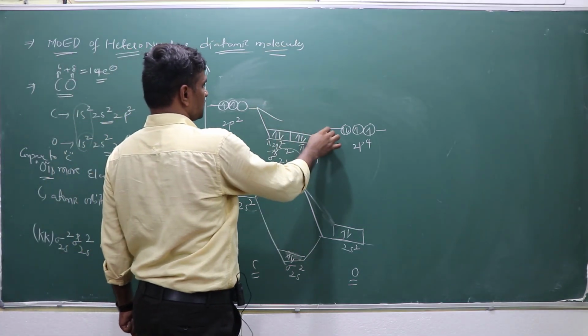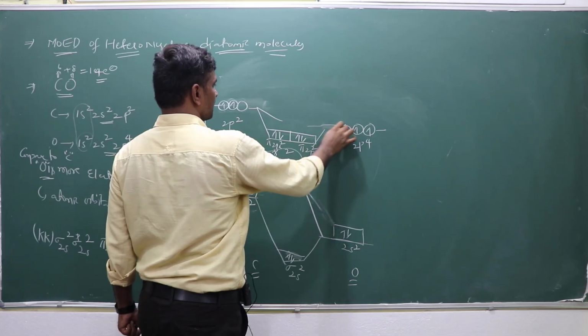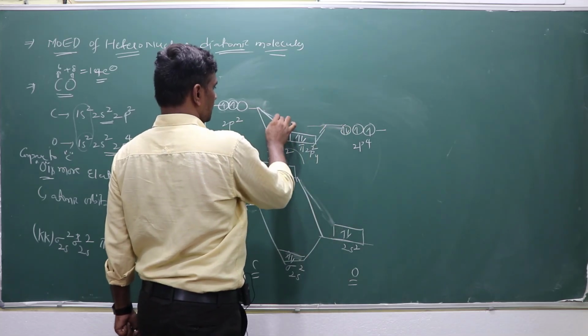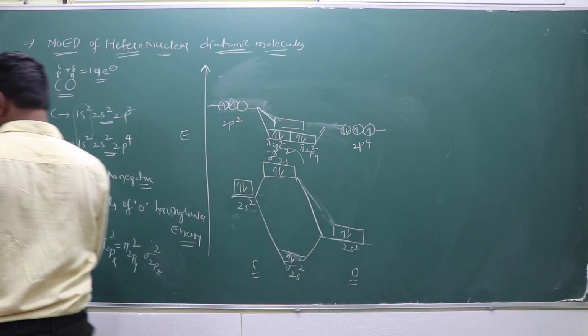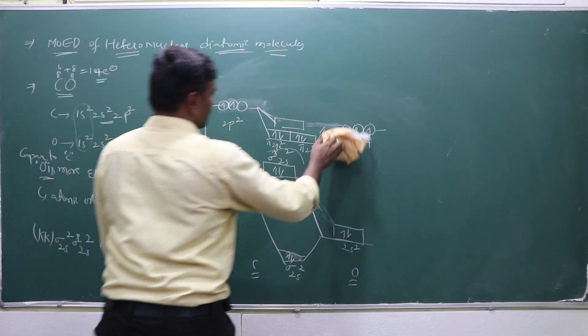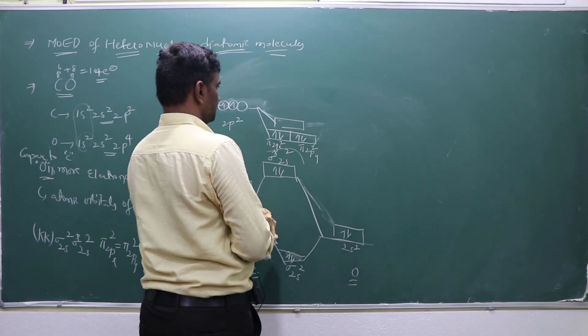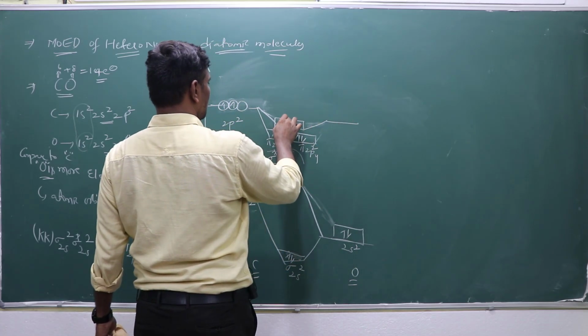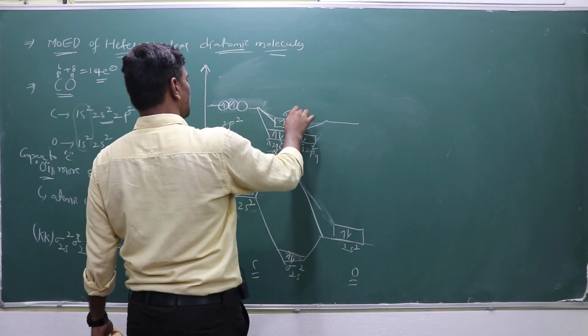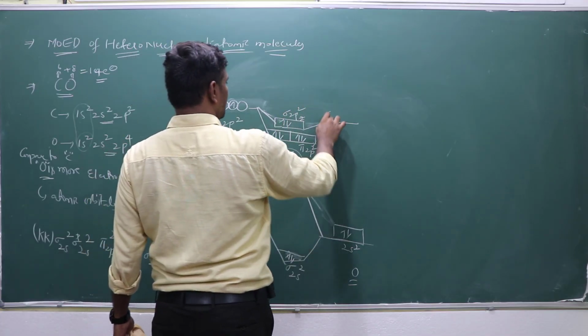Next, another level, which level may be there? Another one, which level? So this is sigma 2pz2.